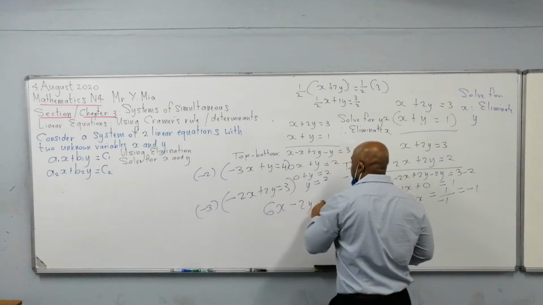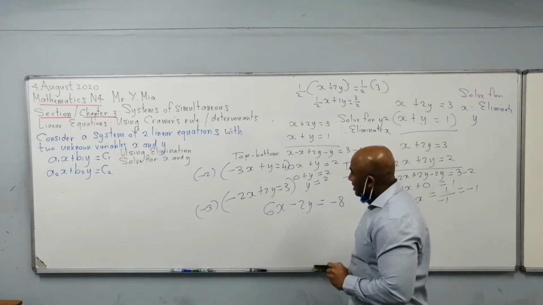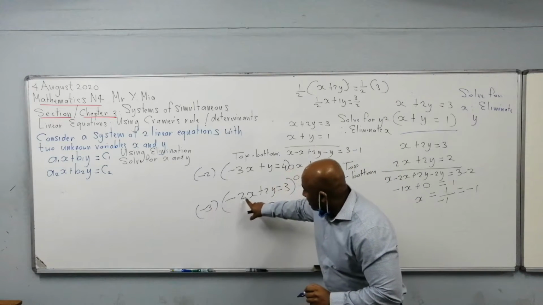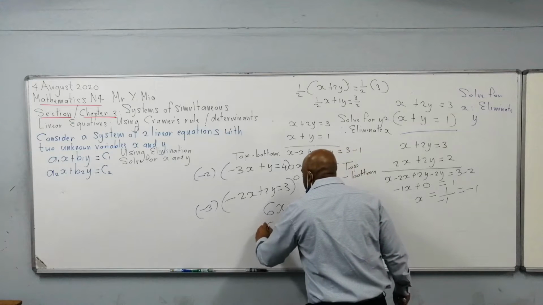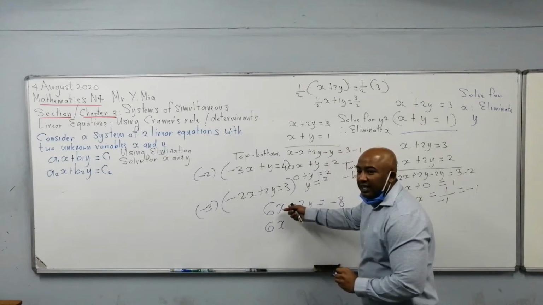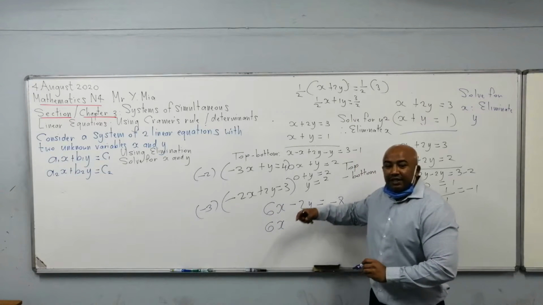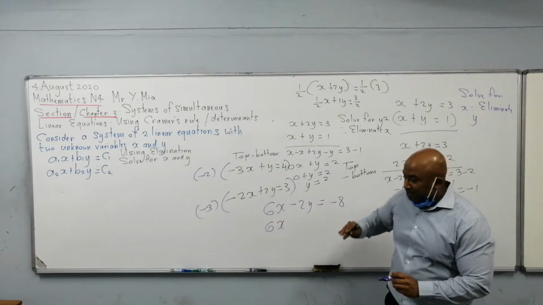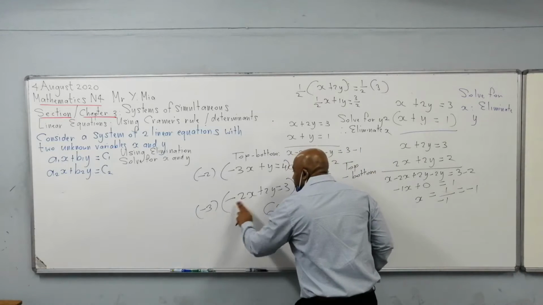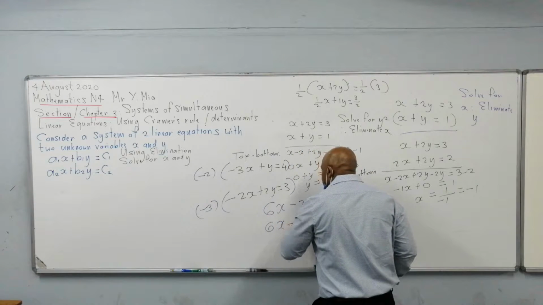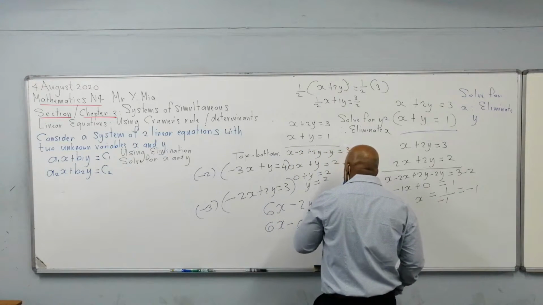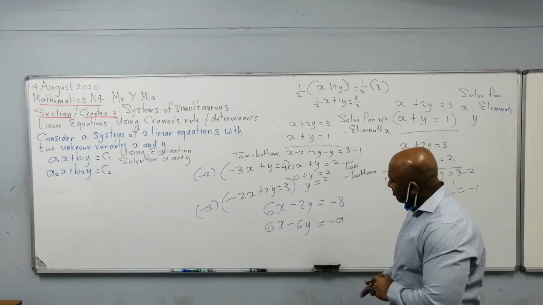And then minus 2 times 4 is minus 8. The bottom equation, minus 3 times minus 2x is going to be 6x. And that was the aim of this whole thing here. Can you see that? To make these two numbers equal, then I can go top minus bottom. So then I've got minus 3 times 2y is minus 6y, and minus 3 times 3 is minus 9.